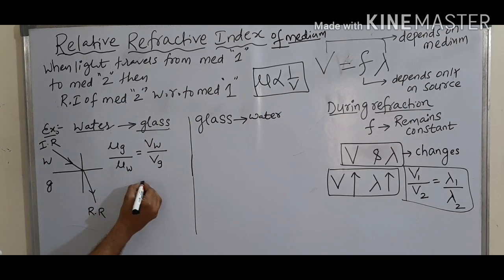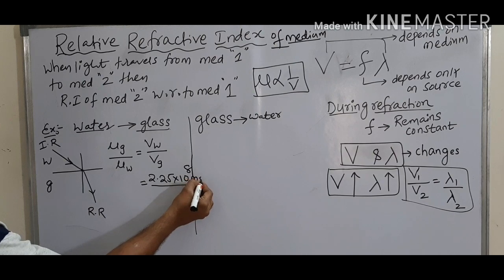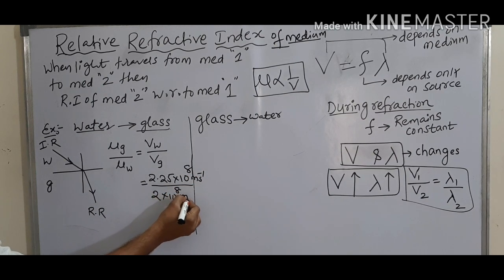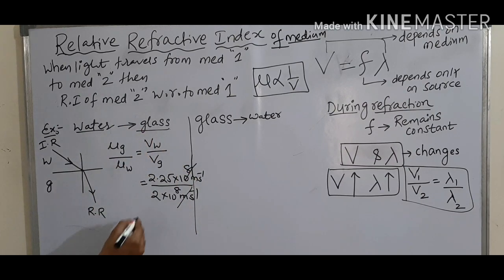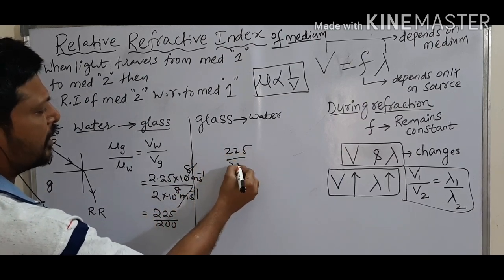We already know the speed of light in water is 2.25 into 10 to the power of 8 meter per second. In glass it is 2 into 10 to the power of 8 meter per second. 10 power 8 cancels. This is 2.25 by 2, which we can simply write as 225 by 200.